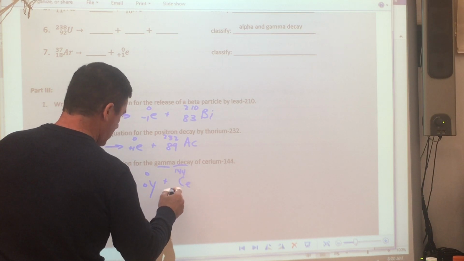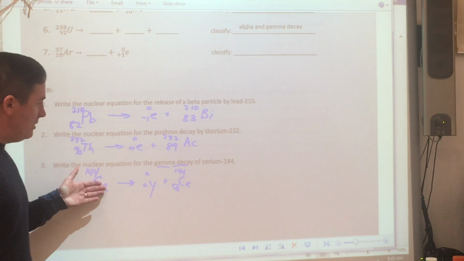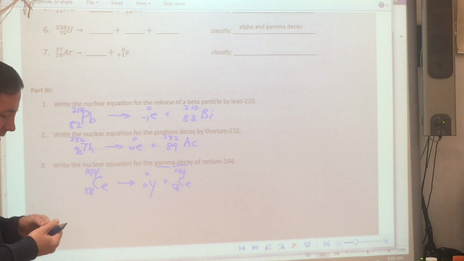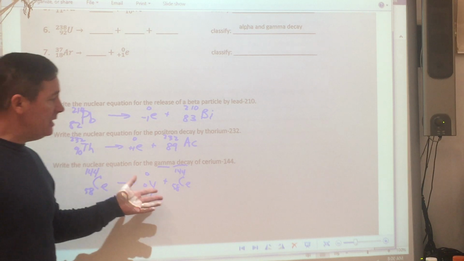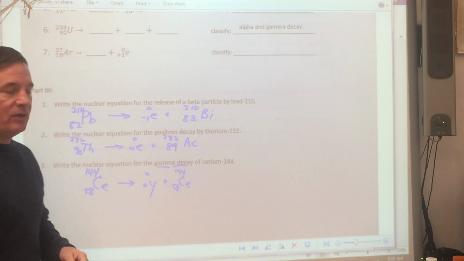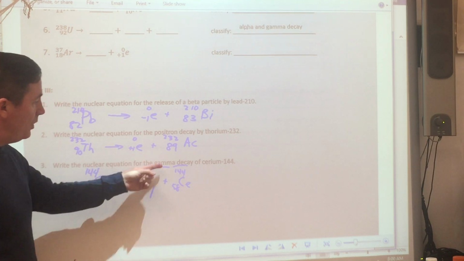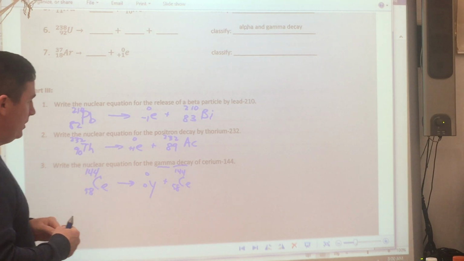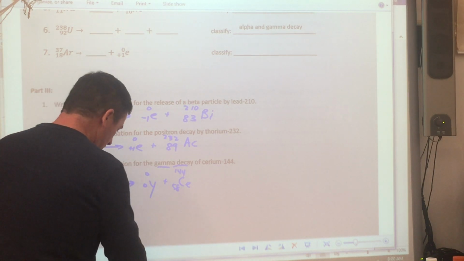Now, this can happen. That means that this has too much energy, but this would be a more stable cerium. Chances are good that when you have a gamma decay, it's probably going to be accompanied by an alpha or a beta particle, or a positron. But at this point, just because of the way this is worded, you can't really tell. Okay, so hopefully you did well with those, and we will move on.